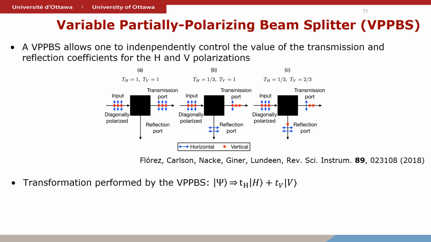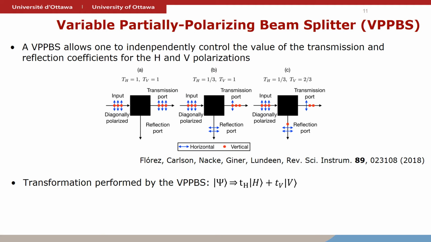For example, case A: if the transmission of H and V are set to 1, then if the input light is diagonally polarized, it will be totally transmitted by the VPPBS. Case B: if the transmission of H is set to 1/3 and the transmission of V is set to 1, then if the input light is diagonally polarized, 1/3 of the H polarized component will be transmitted and 2/3 will be reflected, but all the V polarized component of the light will be transmitted.